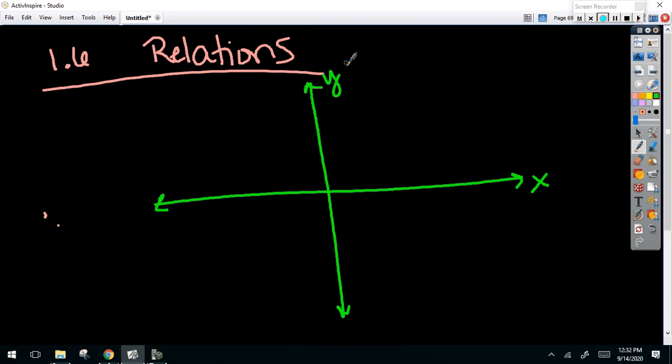Anybody? Starts with a C. Chart. Good guess, but no. It is COO something. Coordinate plane. It's the coordinate plane, okay?